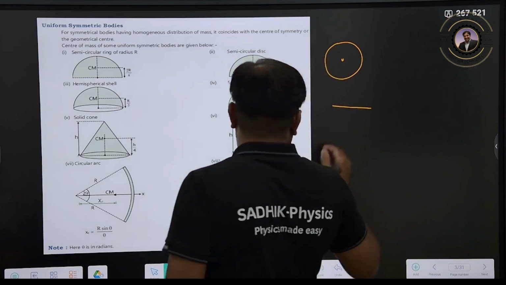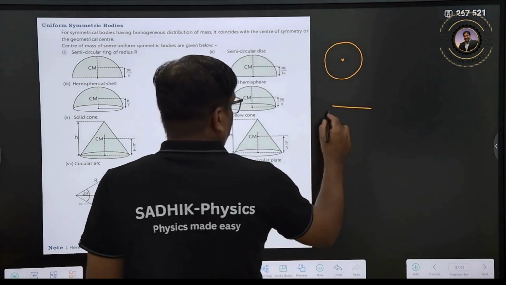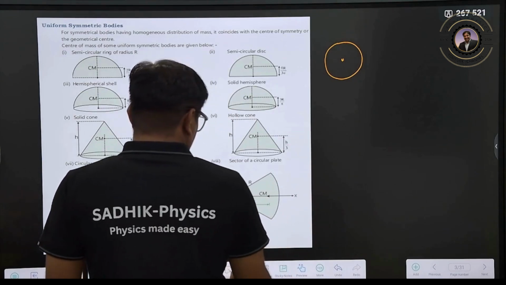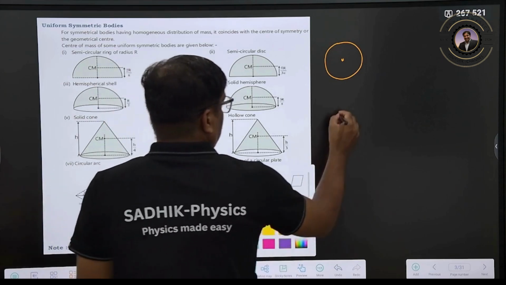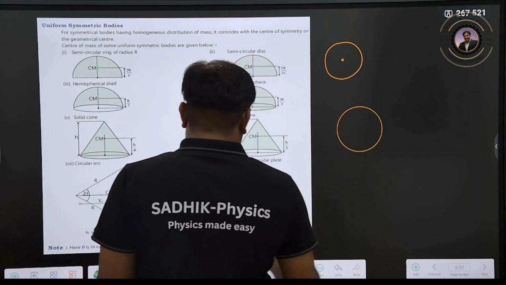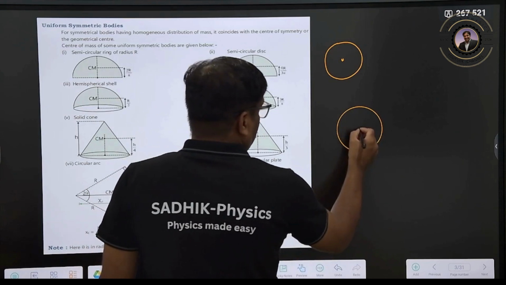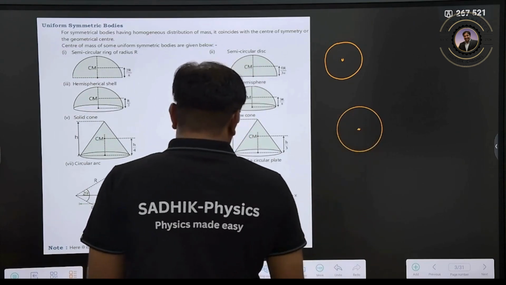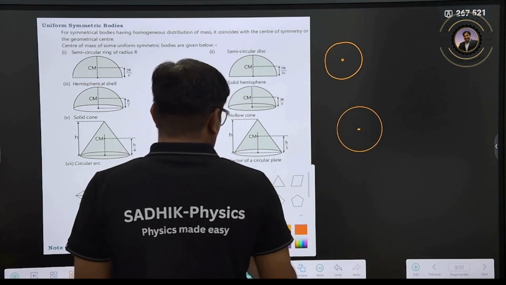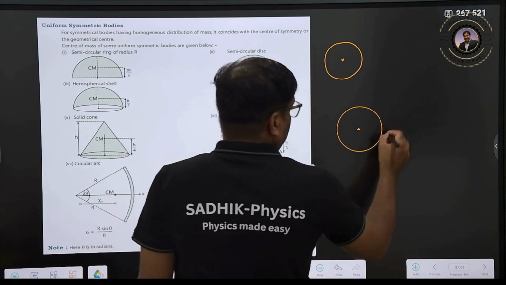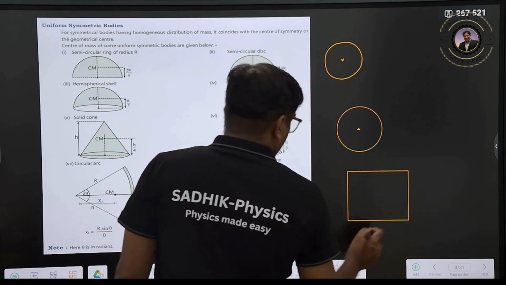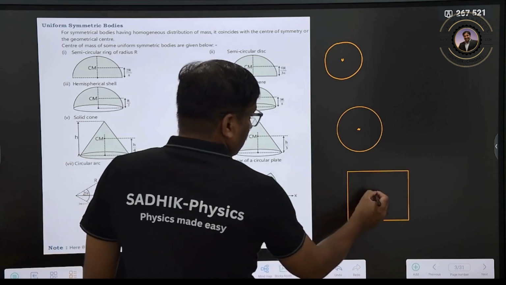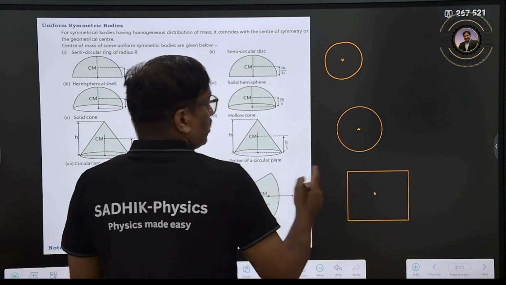Or if you take a square or a rectangle, their geometrical center will be the center of mass.